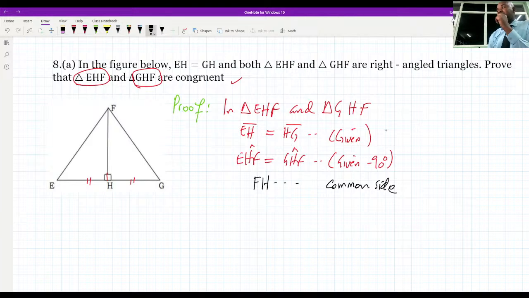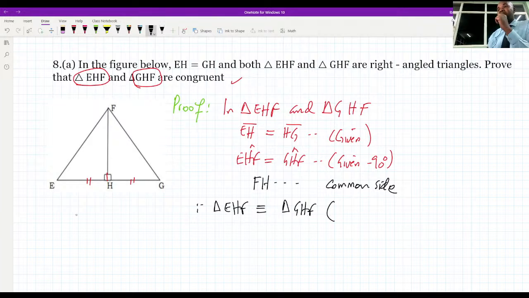So by using these three details, we can conclude that triangle EHF is congruent to triangle GHF.